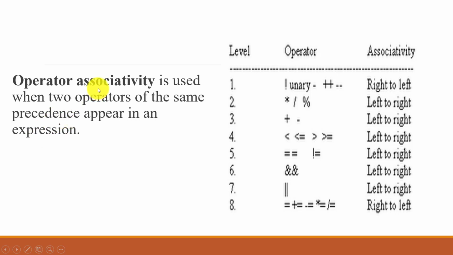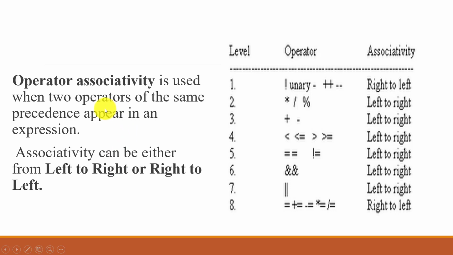Associativity is required when operators with the same precedence appear in the expression. If the same precedence is present, then we evaluate according to direction, which can be either left to right or right to left.